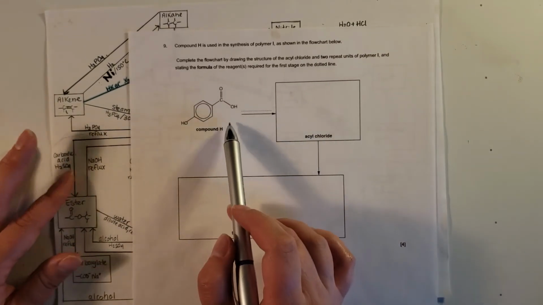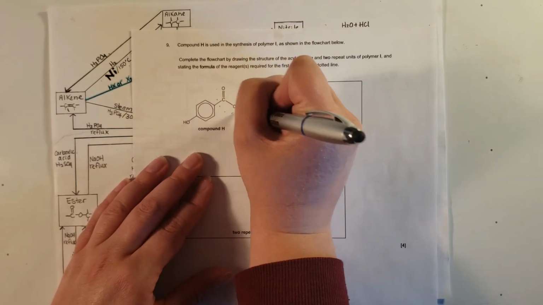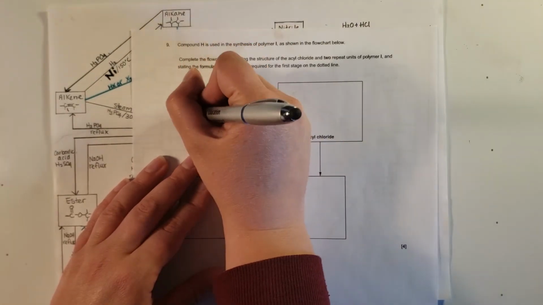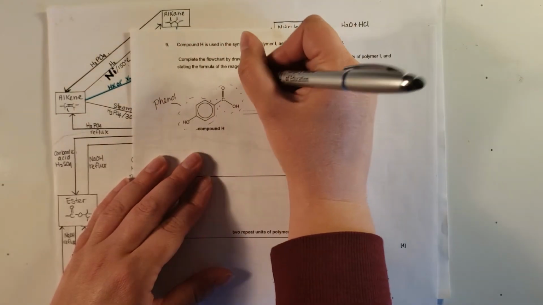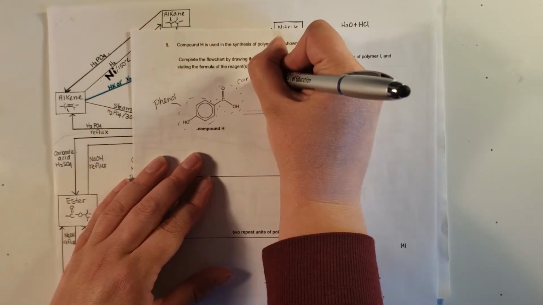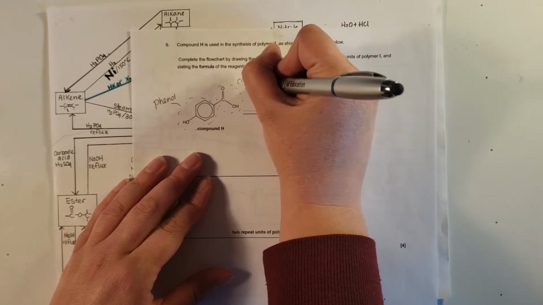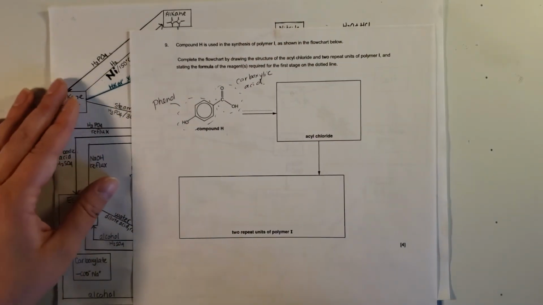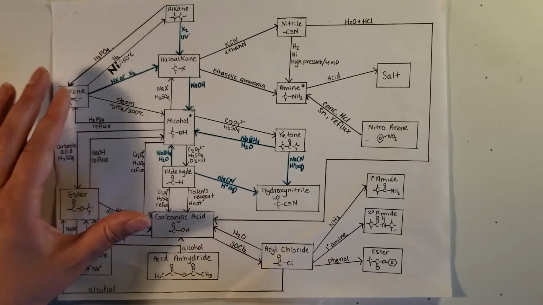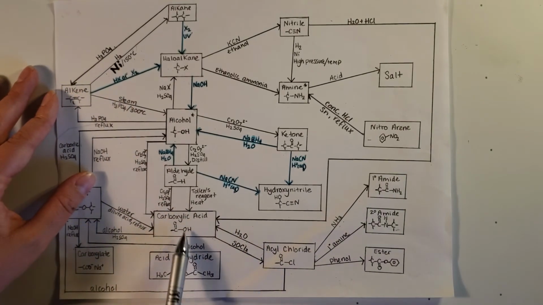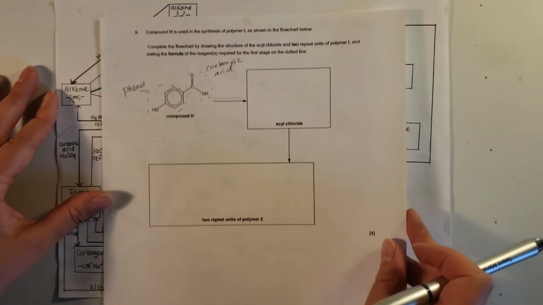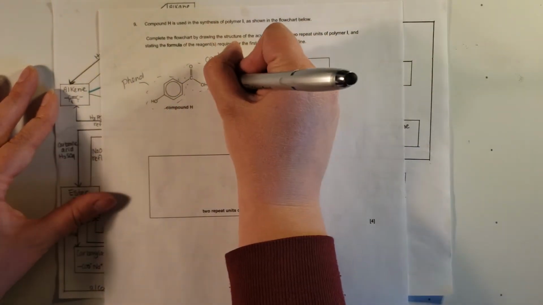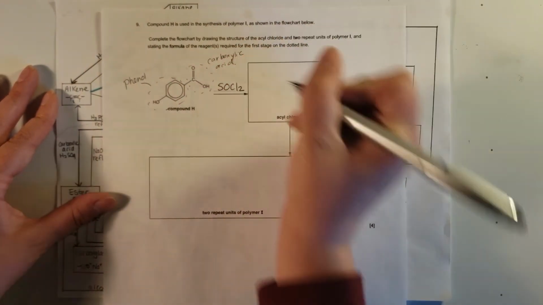Okay, and if we identify the functional groups here, we have a phenol and we have a carboxylic acid. So if we're making the acyl chloride, well, we only have one arrow pointing there, which is from our carboxylic acid, using SOCl2. So our formula for the reagent is SOCl2 there.